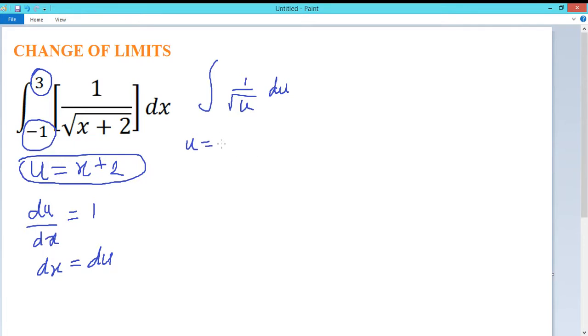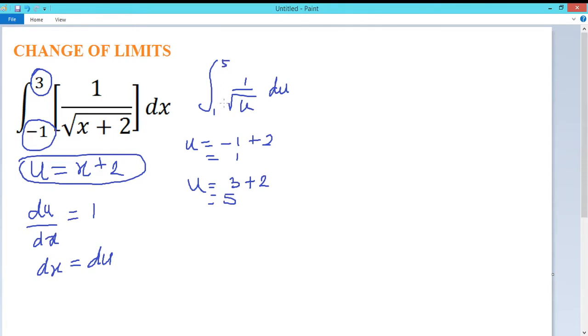In this case, the lower limit is minus 1 plus 2, and that will give us 1. So our lower limit is 1. Then our upper limit, u is x plus 2, will mean 3 plus 2, and our upper limit is going to be 5.